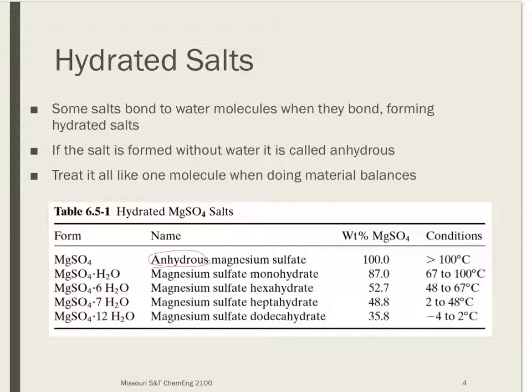But you can also have magnesium sulfate bonded with a single water, or 6 waters, or 7 or 12 waters. Those are the structures that are possible. So again, it's like, here's your mama duck, and she's got 6 little babies that everywhere she goes, they're floating around with her.